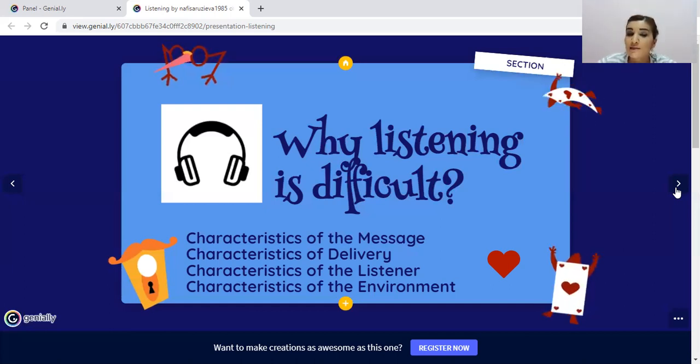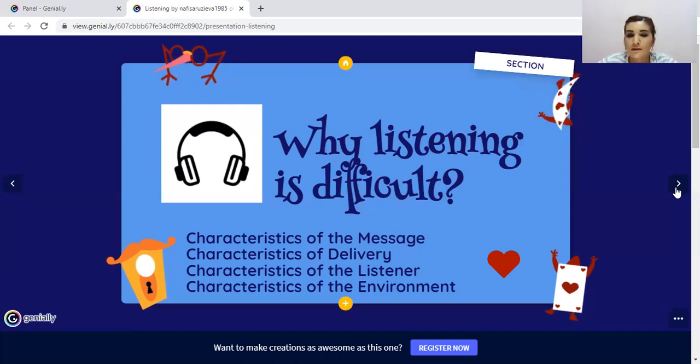The next one, characteristics of the environment. The environment is also crucial for teaching listening. Why? Because even the students' sitting position is important.